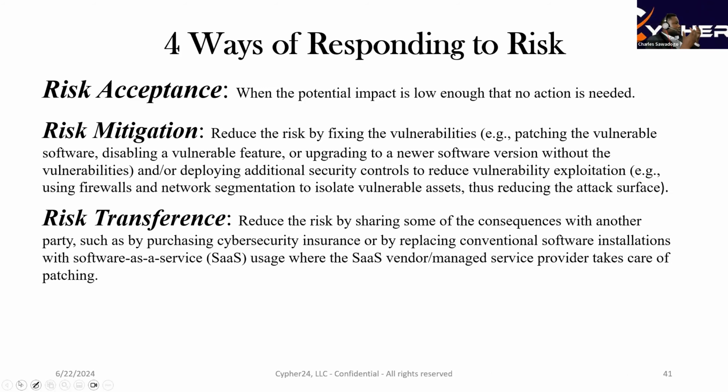We can also decide to transfer the risk. We're going to say, okay, reduce the risk by sharing some of the consequences with another vendor. For example, we're going to purchase cybersecurity insurance, or we're going to replace the conventional software installation with software as a service. That way, if something happens, at least the responsibility is shared. Remember risk transference. You are driving your car, for example. I can get into a crash at any time, but I want to make sure that I am covered.